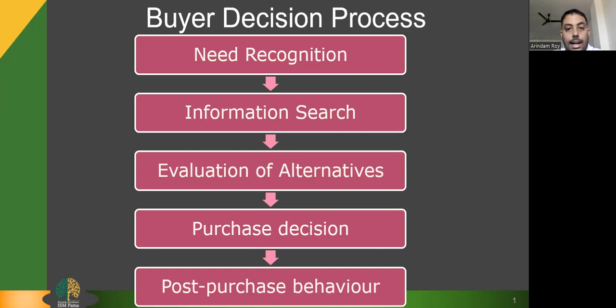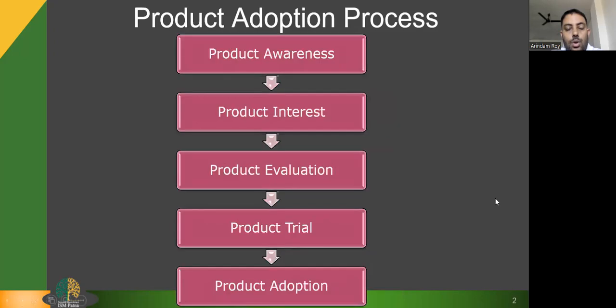Once the buyer decision is complete, we get to know about the product adoption process, the steps in which a consumer adopts a particular product. The first thing that needs to be done is product awareness.